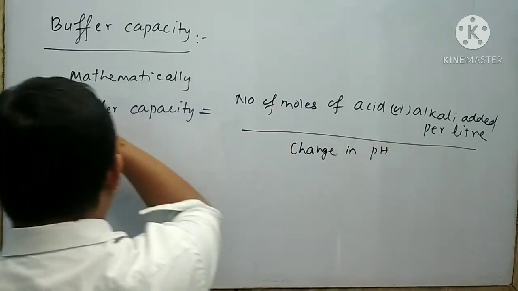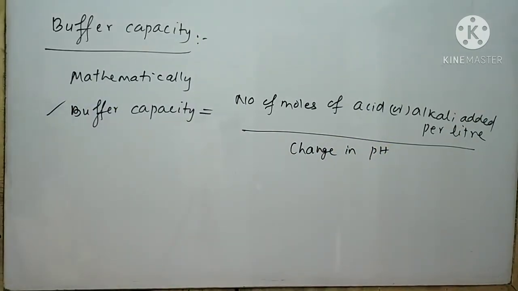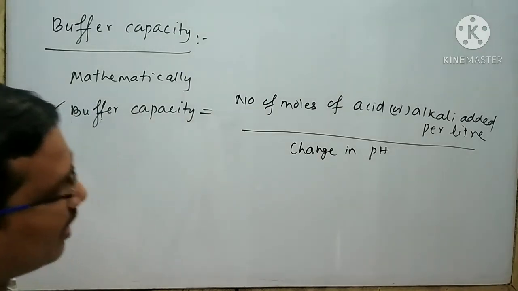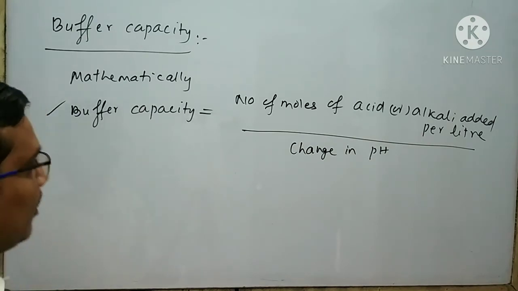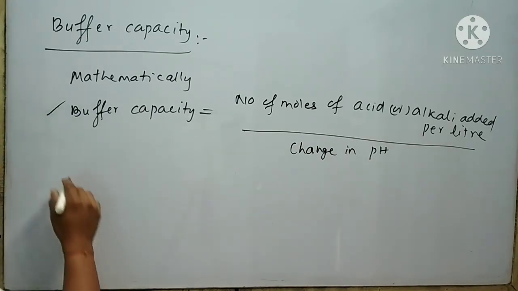This is the formula for the calculation of buffer capacity. Buffer capacity equals the number of moles of acid or alkali added per liter divided by the change in pH. Let me do a problem.